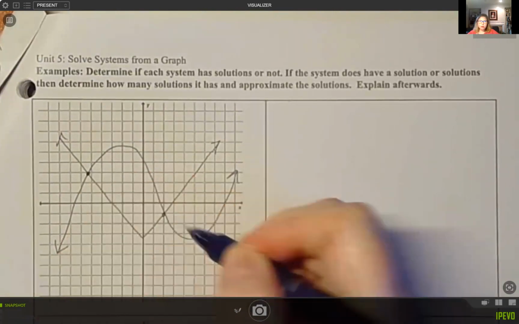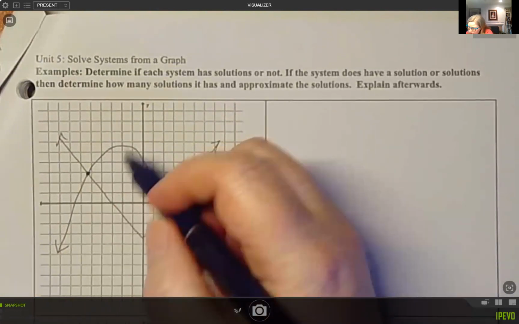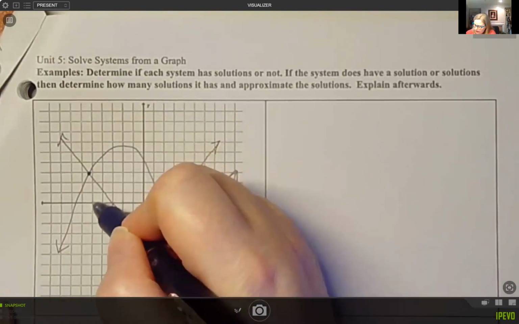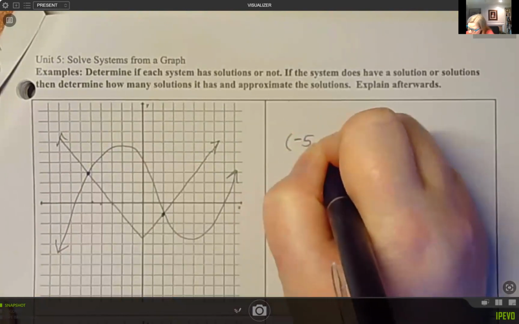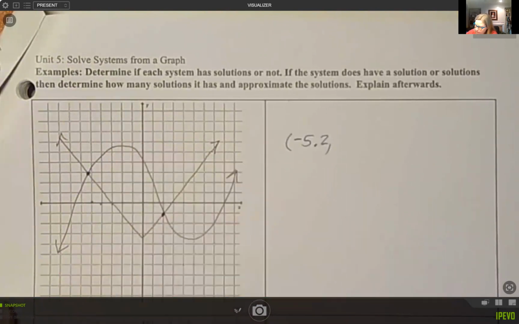So this one I would say is about (-5.2, 2.9) approximately.